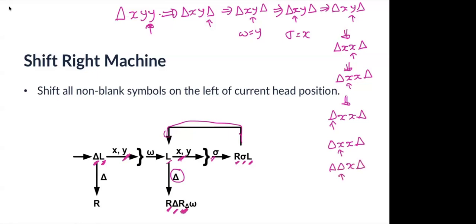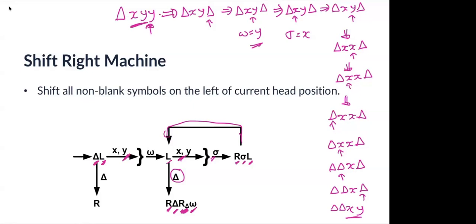We will move to the right until we found delta. And then here we change it into omega, which is a y, like this. So we shift it from this position into this position. That's how you read a building block.